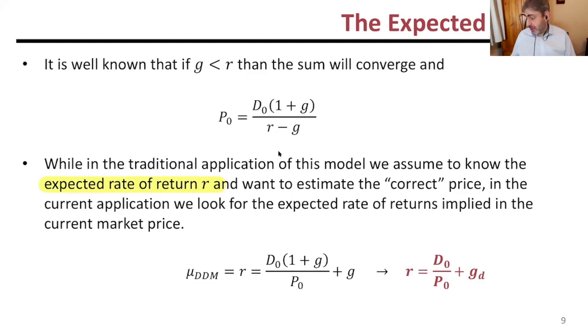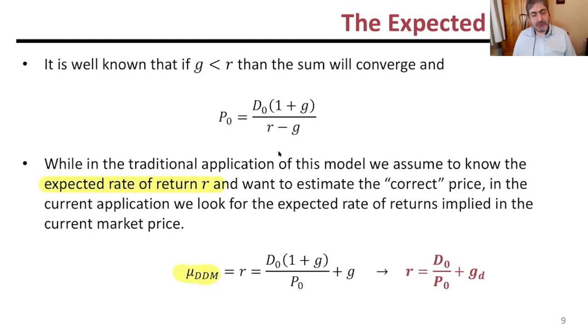Sorry, just a bit of terminology that I use in the teaching note. I realize that not many banks use it, so I'm just going to clarify it. This Greek letter is called mu, and for some reason in finance it is considered the letter for expected return. So mu DDM means expected return according to the DDM methodology.